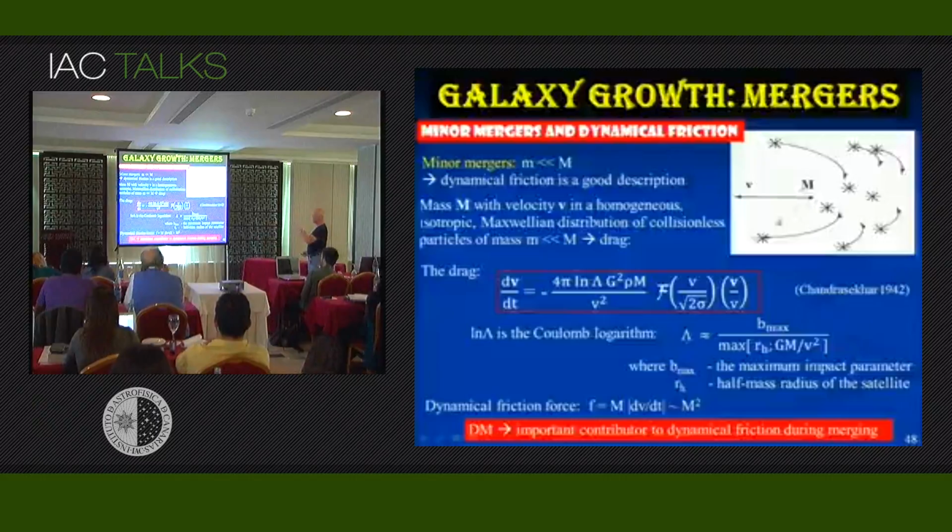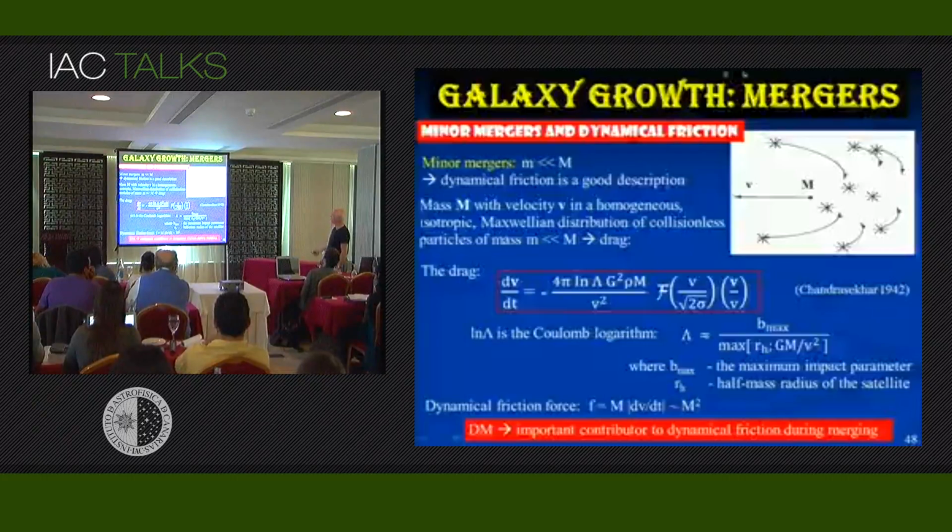What is important, as I mentioned a minute ago, in the merging process, which makes it more efficient, is dynamical friction. In dynamical friction, you have a massive object moving within the field of less massive ones, and the acceleration or deceleration is given by the Chandrasekhar formula, where the most important quantities are the density of the background, the velocity of the intruder, and its mass.